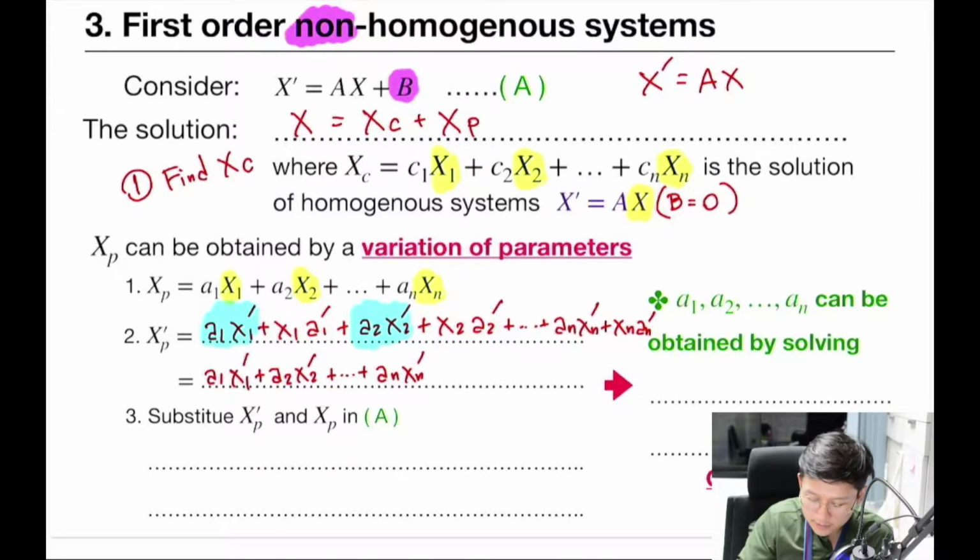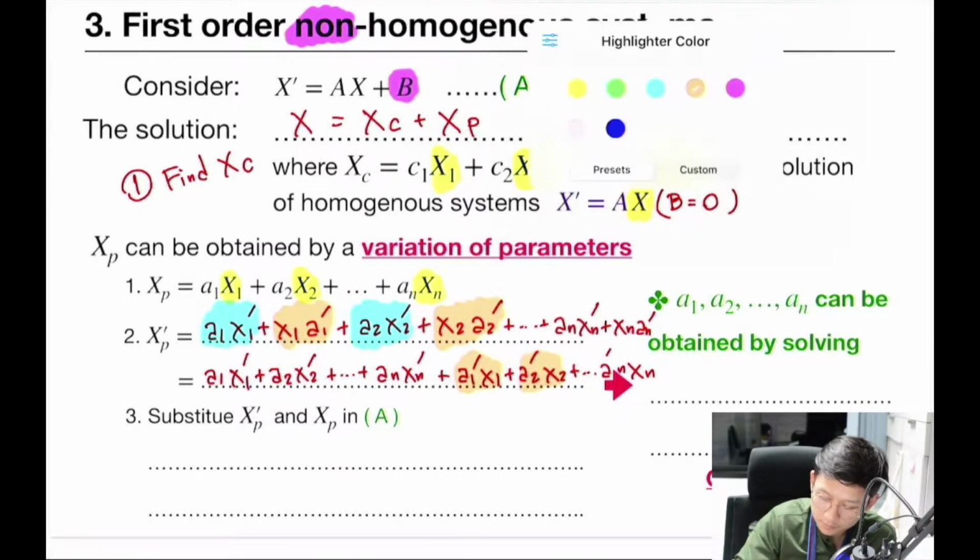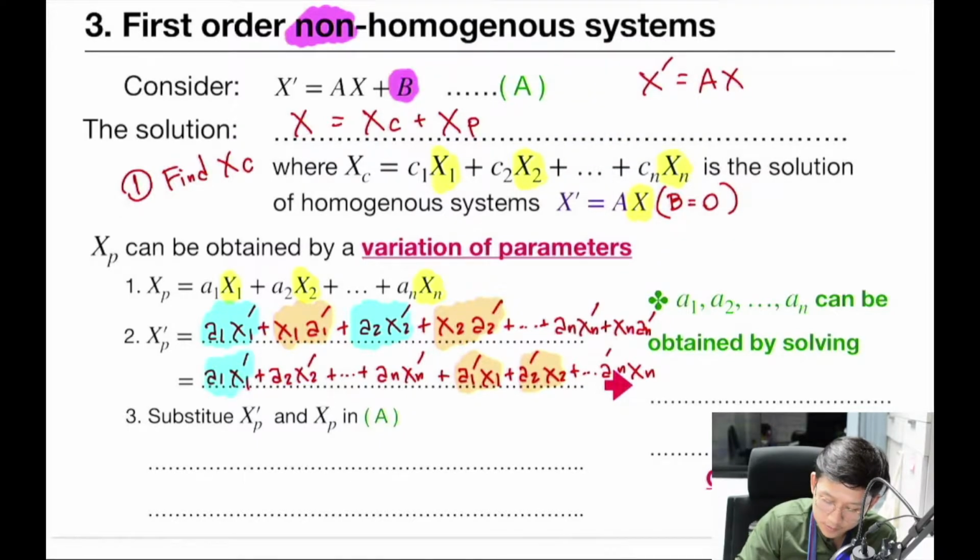After that I add a1 prime x1 plus a2 prime x2 plus so on until an prime xn. This is this term, and here is this term.